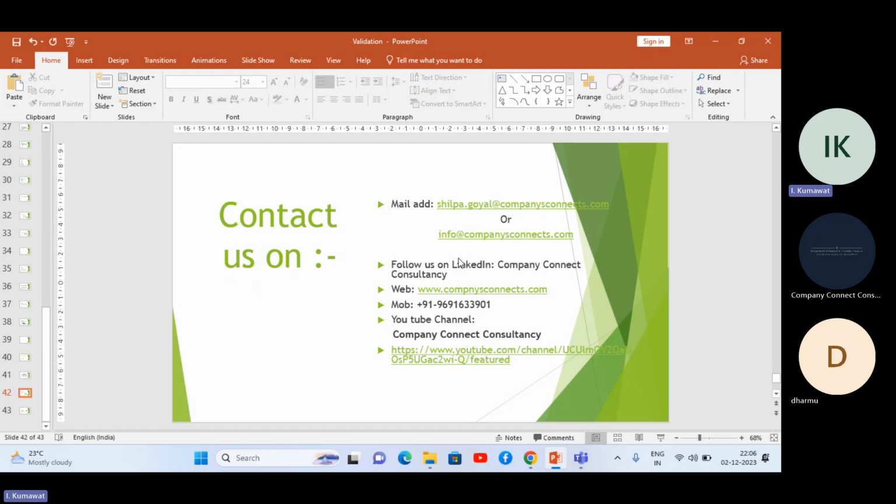Otherwise, if the student gets the notes directly, what actually happens, practically, is that the person just keeps that document. Whenever we require, we will open it and read it, but it never gets opened. So the concept of the company Connect Consultancy is that once you prepare your own notes, it will be very beneficial for you.